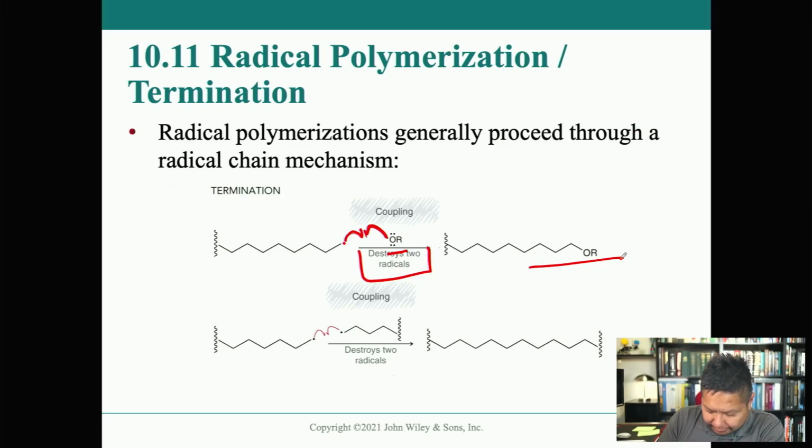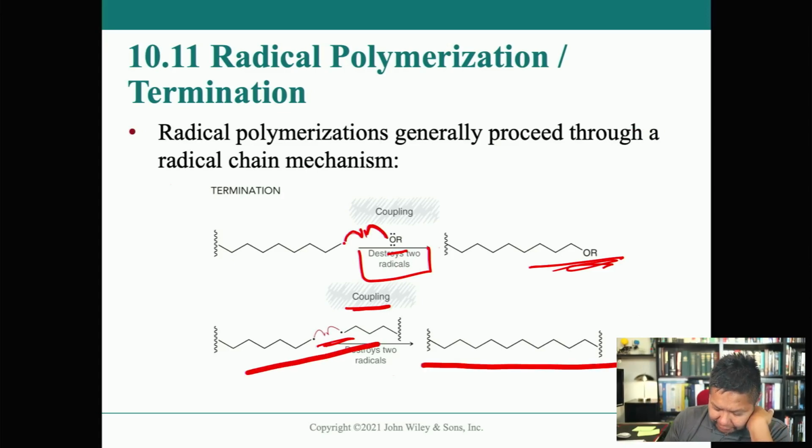Okay, so it could happen with the alkoxy radical terminating that chain, or it could also come from 2 carbon chains that have radicals at the end of them. And then you've just joined together the carbon chain, making an even longer polymer. Crazy stuff.